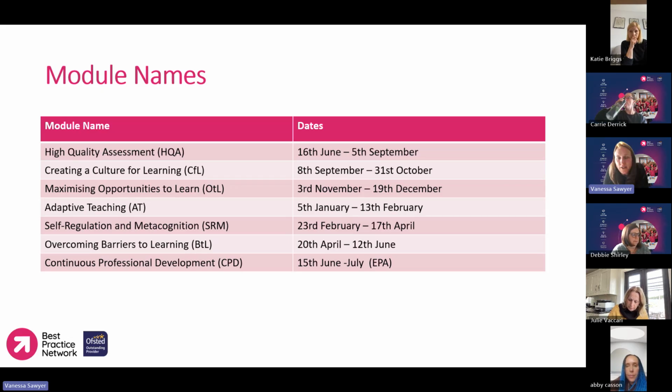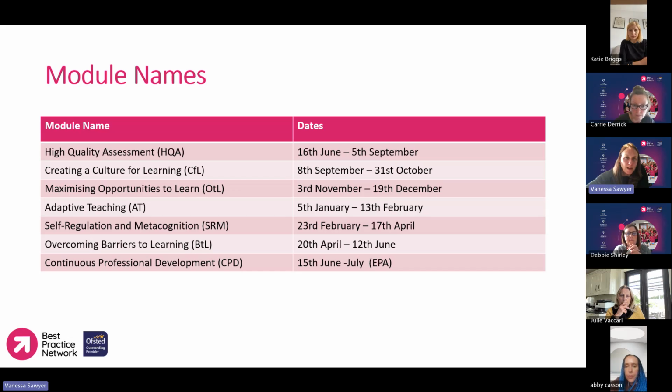And as we love an abbreviation, we have obviously given you the full name of the module and then the abbreviation of that as well. We've also just attached the dates there to when those modules occur across the programme. You'll also be able to see that within other documentation as well, but it's really just an overview of when that is happening.